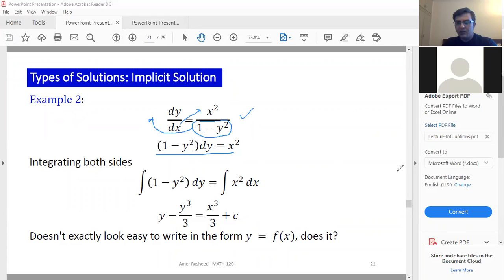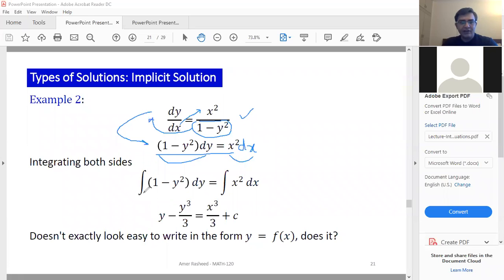We can write this given differential equation in this form, which is 1 minus y square into dy is equal to x square into dx. I must have dx here, it's a typo. Here we have only the y variable, and on the right hand side we only have the x variable.